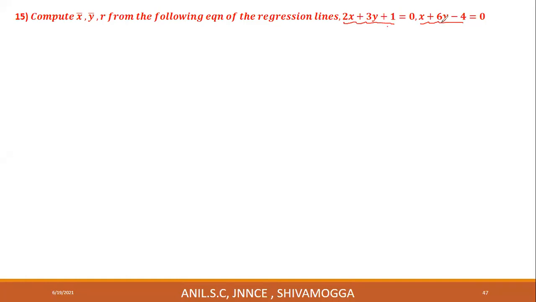These two regression lines pass through x bar comma y bar. Therefore, they must satisfy the point x bar comma y bar.